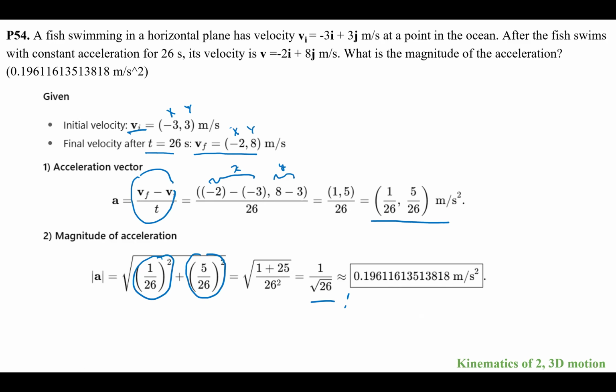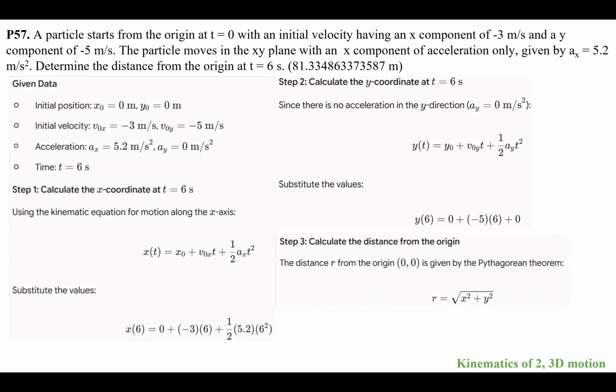And then once again, you need to have knowledge of vectors in coordinates. Okay, that is the key question you should know. Now, problem 57: a particle starts from the origin.